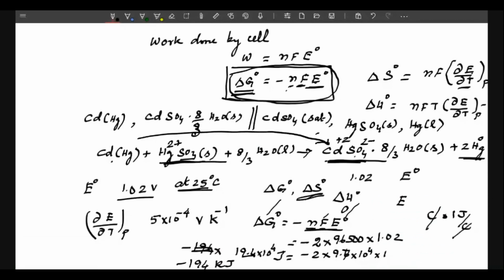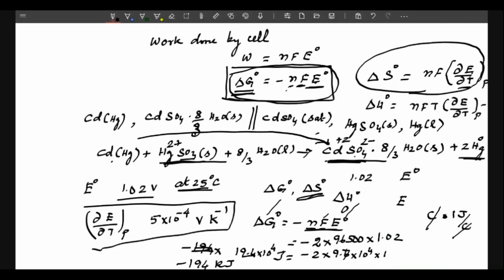Delta S is equal to nF into dou E by dou T. Only when the temperature coefficient is given, you can calculate this. And here it is directly given to you. The value given is 5 into 10 power minus 4.